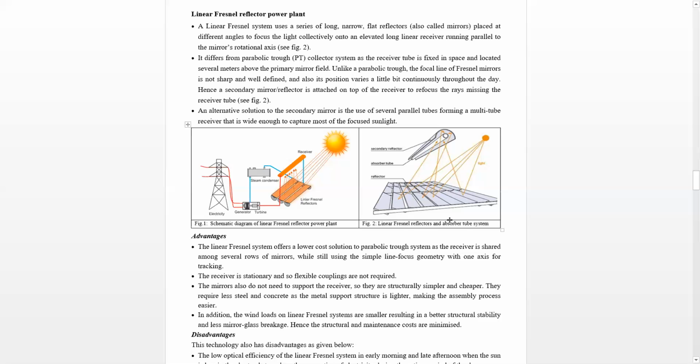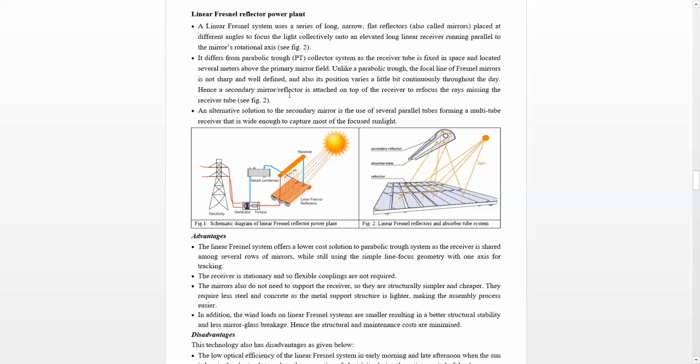So if we collectively take all the focal lines, then that focal line will have a certain dimension, a certain diameter, and the position of this wide focal line will also vary a little bit continuously throughout the day. That means suppose this is the focal line of this diameter, then this focal line sometimes comes a little bit downside, or sometimes may go a little bit above, right?